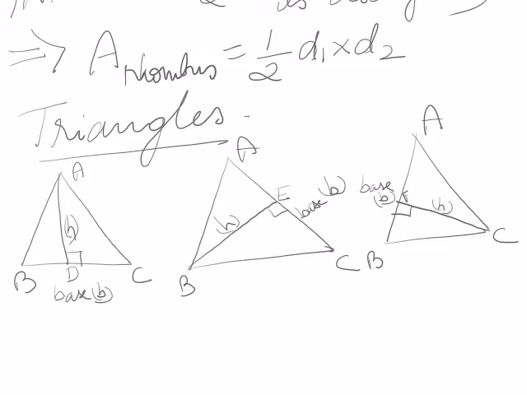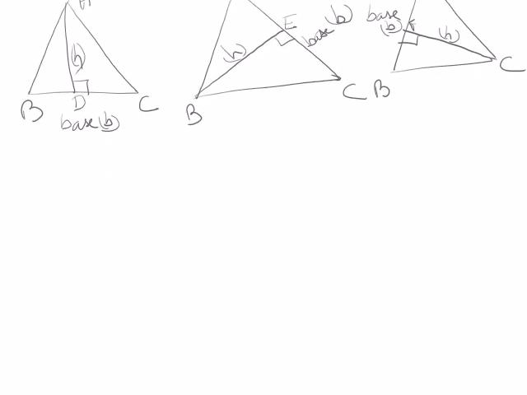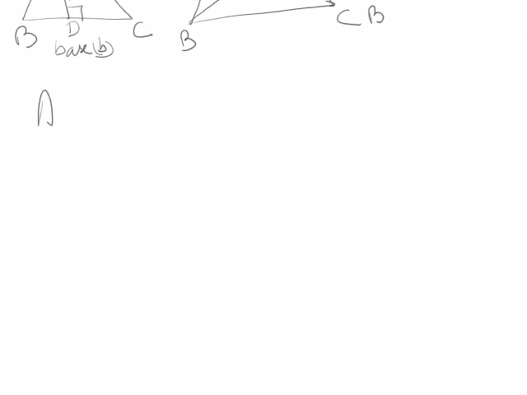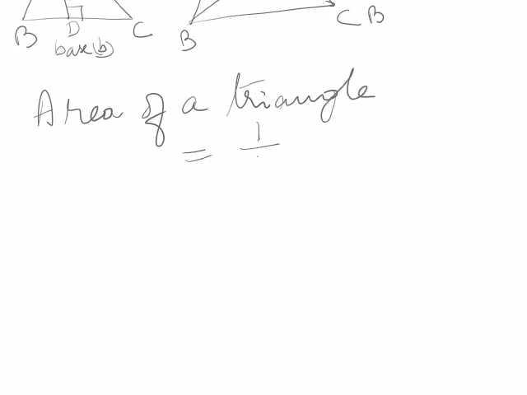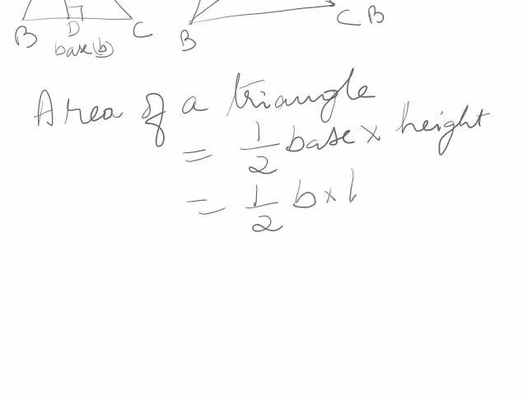So, the formula for the area of a triangle is equal to half base into height, or half b into h. Okay? So that is the formula of area of triangle.